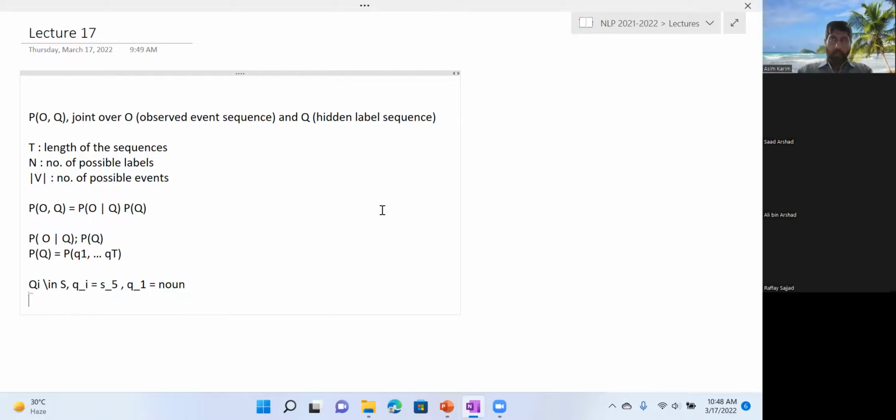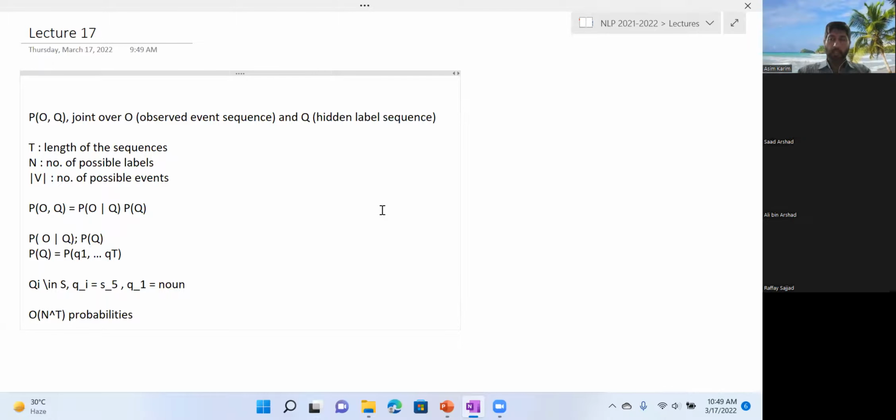All right. So how many parameters would you need? Each value Q in the sequence can have N possible values, and the length of the sequence is T. So you will need, of course, on the order of N raised to the power of T probabilities, which is going to be a huge number.